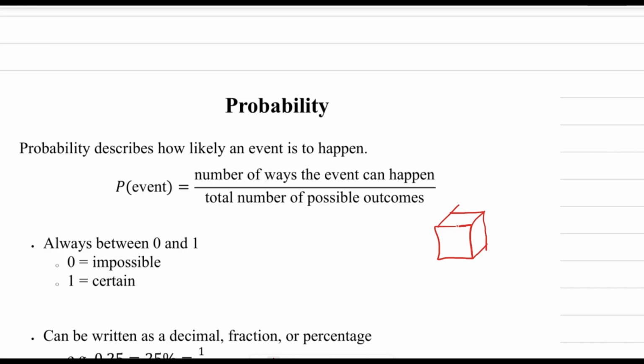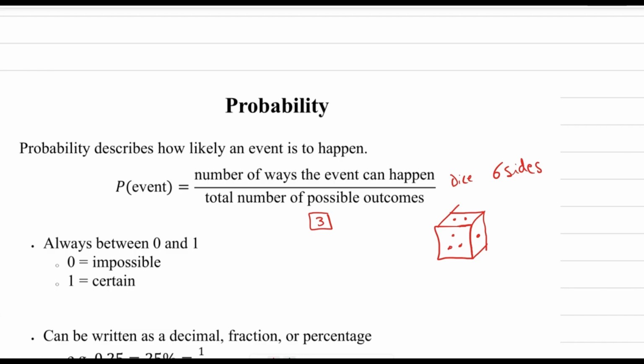This dice has 3 on this side and 2 on this one, for example, and this is 1. Any dice has 6 sides, isn't it? 6 sides. So if I ask you what is the probability, and this is going to be the event, probability of you throwing this dice and getting number 3, for example.